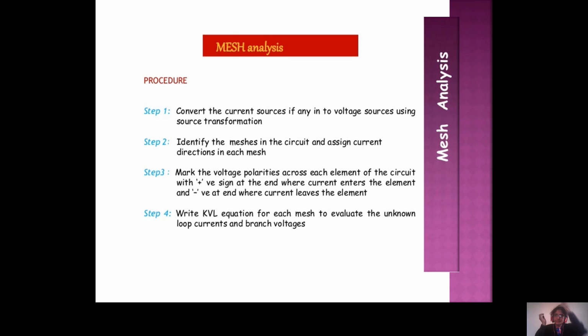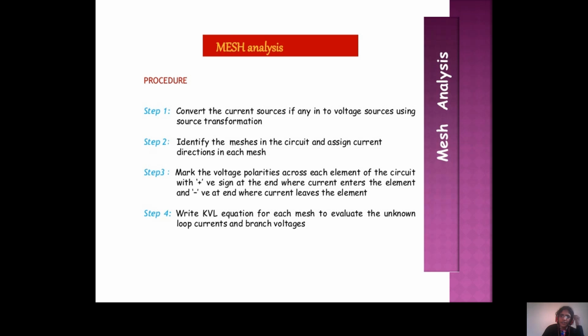Identify the meshes in the circuit and assign current directions. Assign a current direction in each mesh. First you have to identify the meshes, how many loops are there in the circuit.